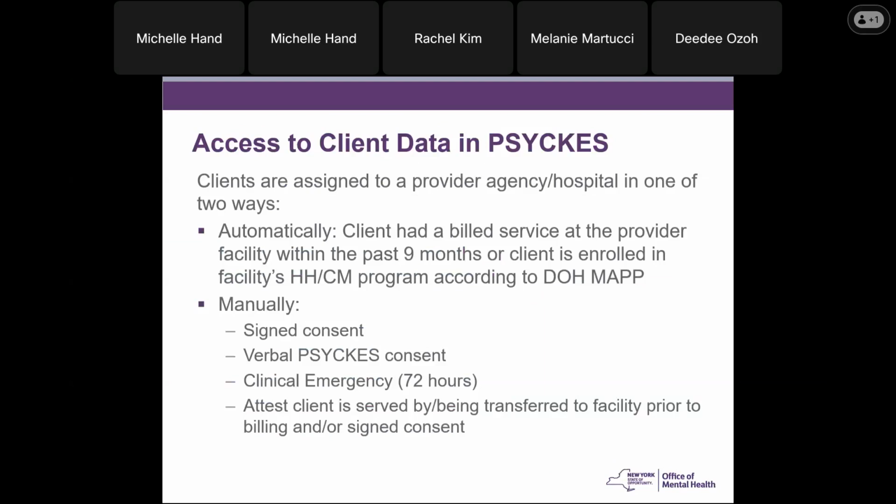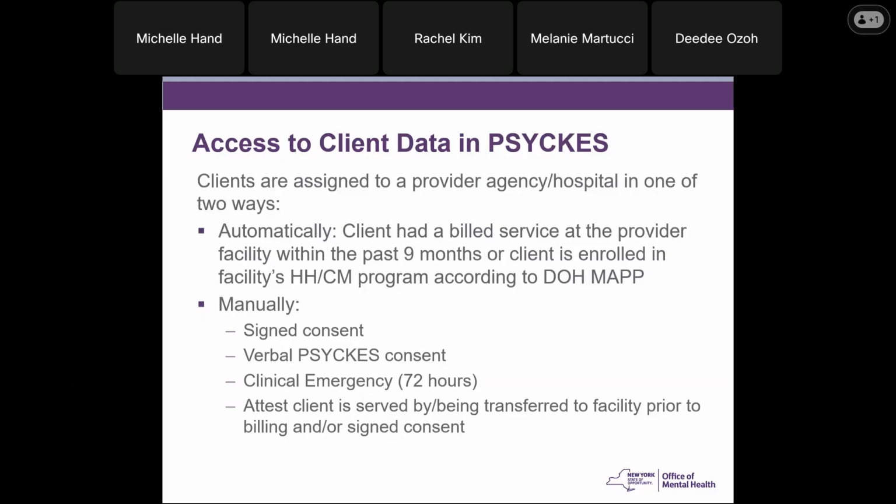The other way a client can be linked to your view in PSYCKES is if they were manually attached to your agency. And this can be done via signed consent, so the signed PSYCKES consent, the signed BHCC consent, or the signed DOH health home consent. It can also be done via verbal PSYCKES consent as well.